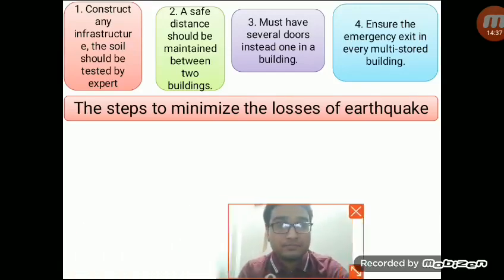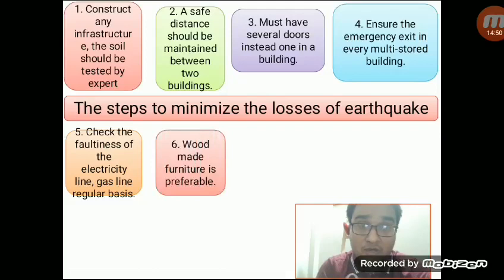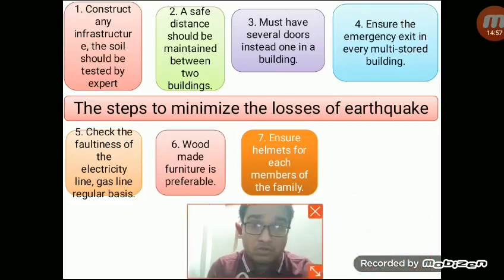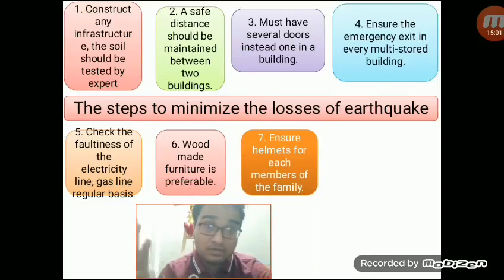Next, number 5, check the faultiness of the electricity line and gas line on a regular basis, and this is very easy to understand. Now I'm going to talk about number 6. Wood-made furniture is preferable, so we should try to use wood-made furniture in our houses.